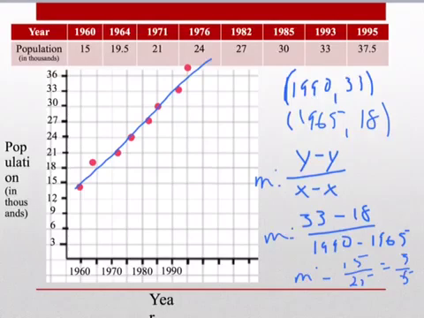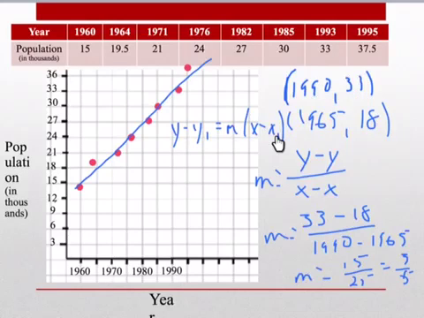I need to plug it into my point slope formula. So remember, point slope was y minus y1 is equal to m times x minus x1. y and x are just variables. We're going to take the y1 and replace it with one of these points, we'll choose 33.